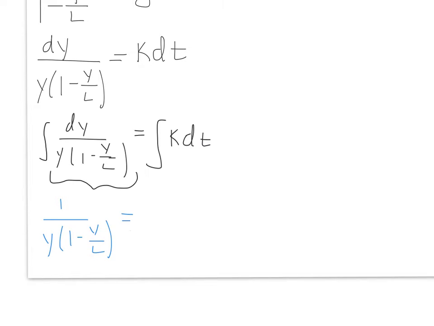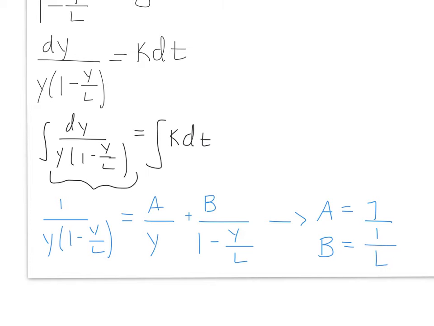You would say that that's going to be A over y plus B over 1 minus y over L. And then when you do this, you should find that A equals 1, and you should find that B works out to be 1 over L. Okay, so let's go plug that in up here.